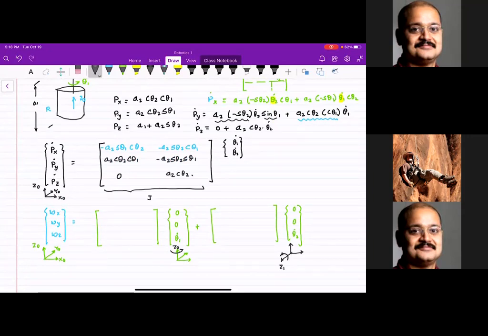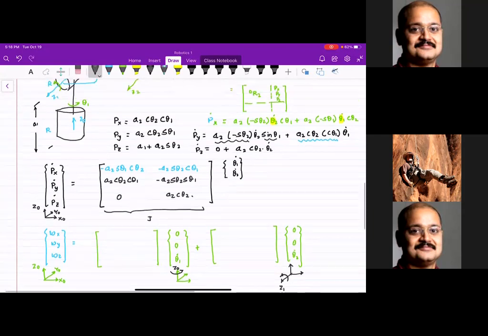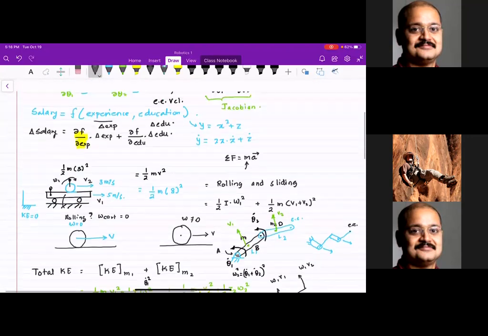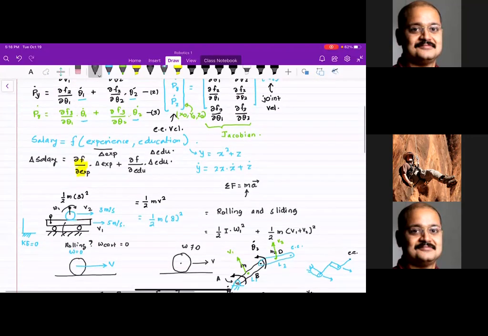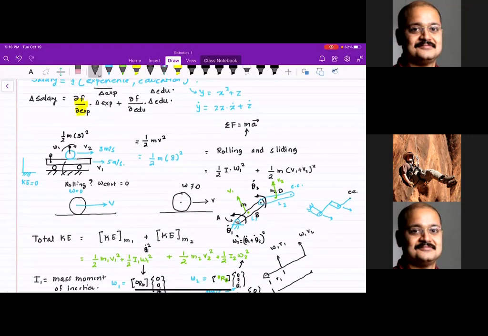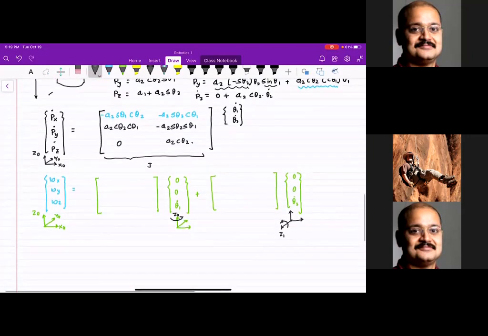Which means theta 1 dot is about z0, theta 2 dot is about z1. What is the difference between this situation and the previous situation? The previous situation is like when you had something like this. In that robot, z0 and z1 were one and the same. They were parallel, right?